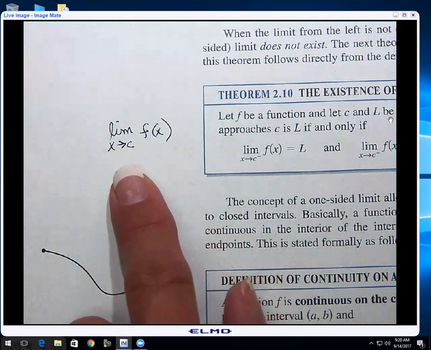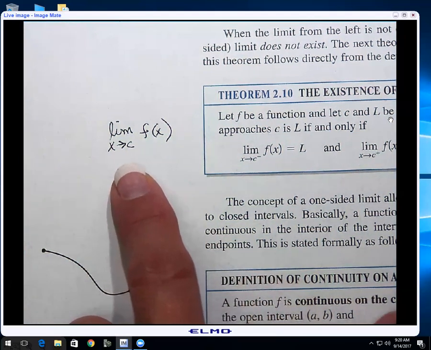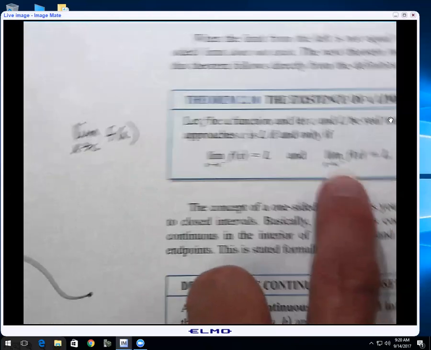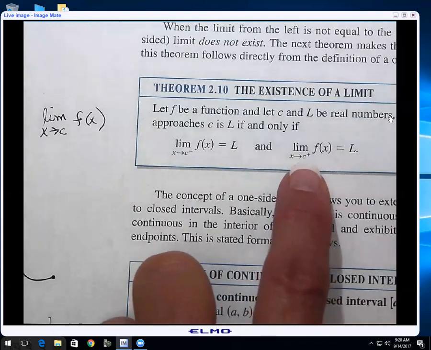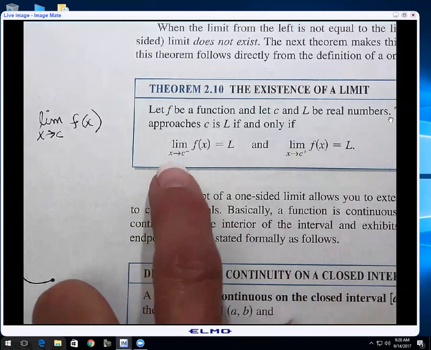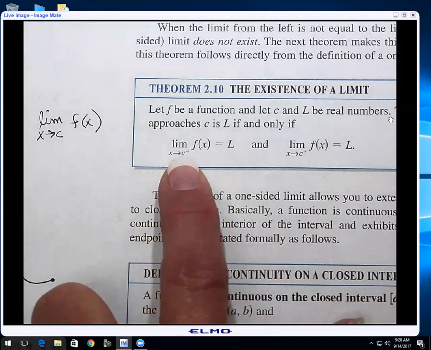Sometimes we need to talk about the one-sided limit. What is y as x approaches C from the right? If I want the limit as x approaches C from the right, then I use this notation. x approaches C with a little plus up there means from the right, and x approaches C with a little minus up there is x approaches C from the left.